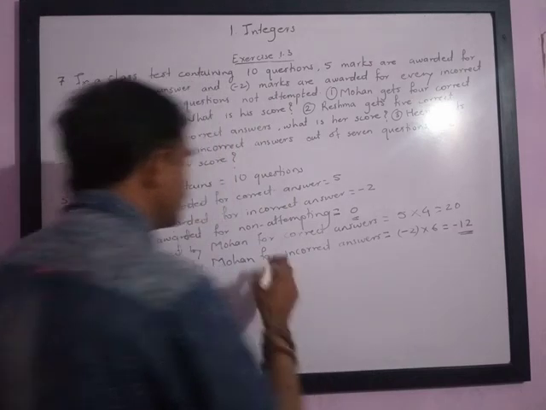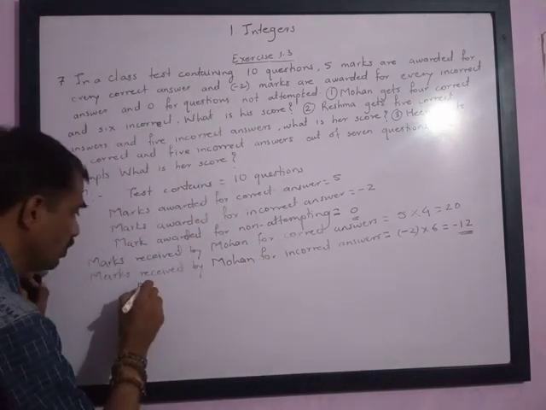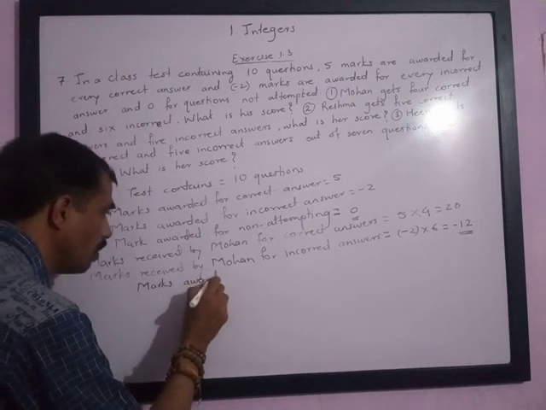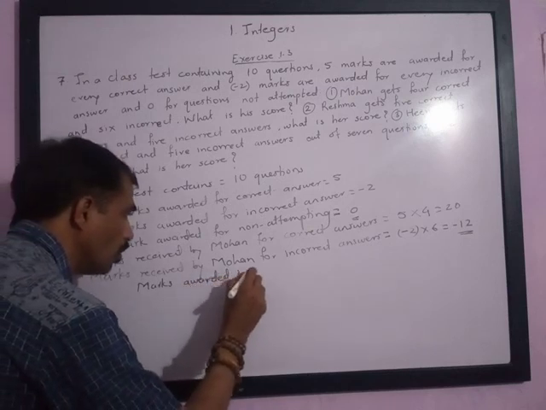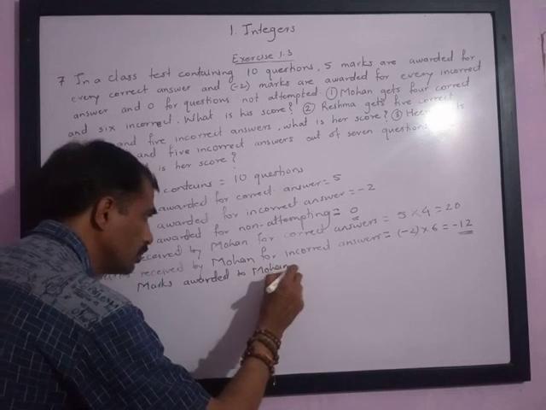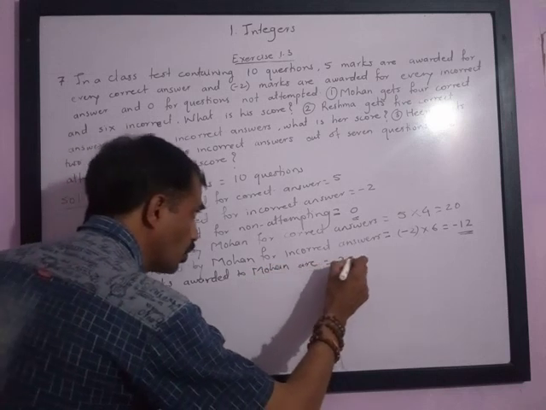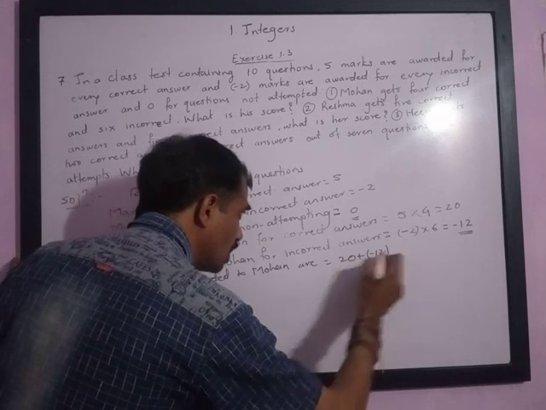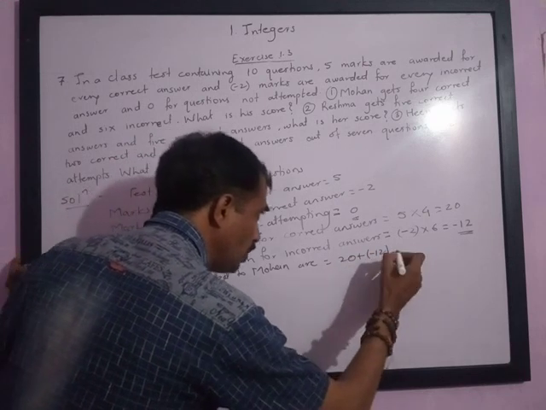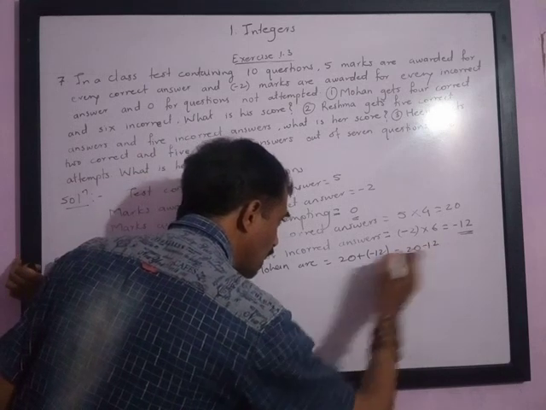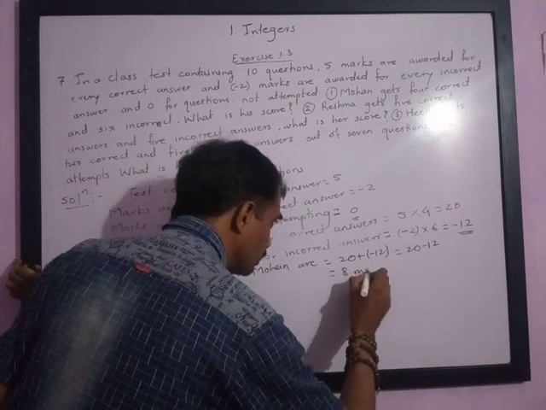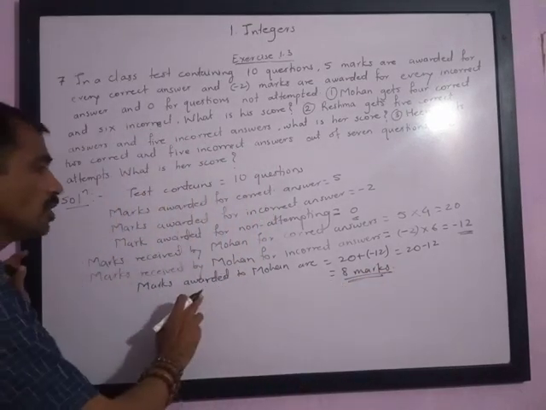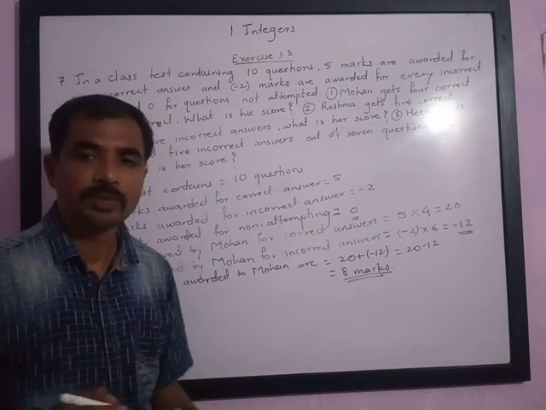So total marks awarded to Mohan is equal to 20 plus -12. Try to understand, this is positive into negative, will be 20 minus 12, that is equal to 8 marks. So Mohan was awarded 8 marks.